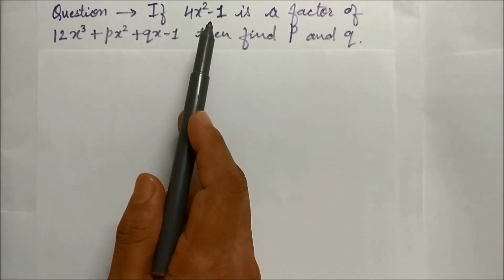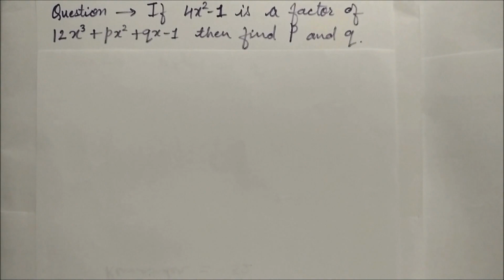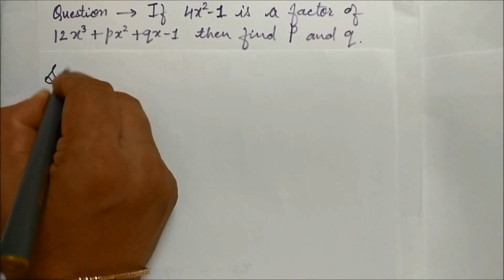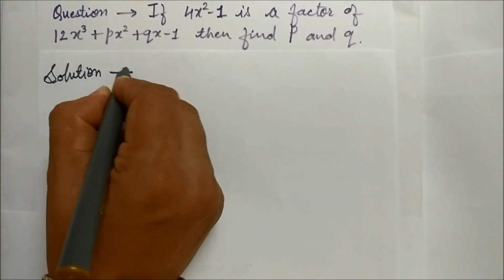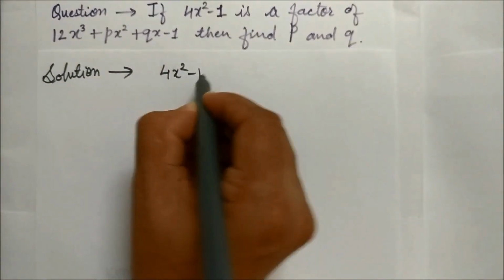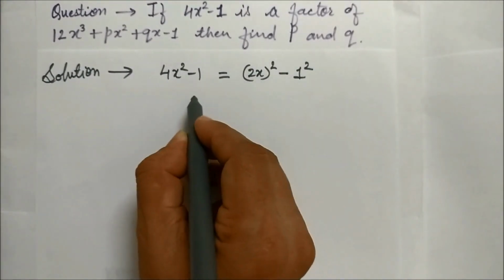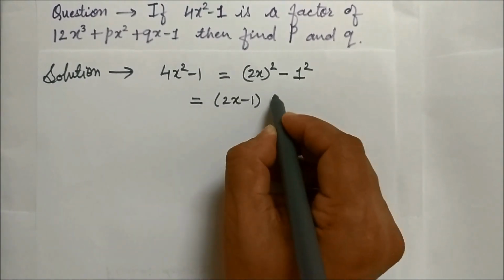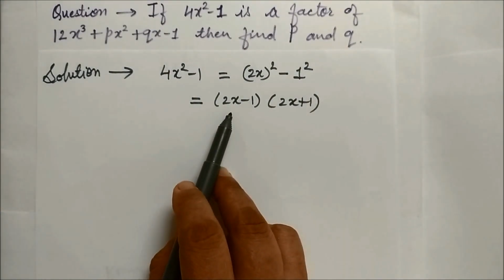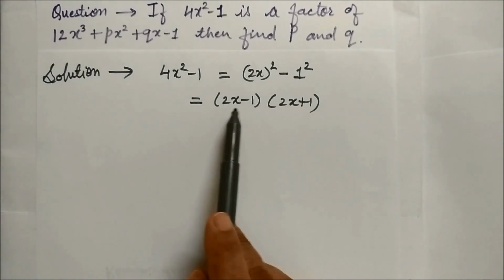Here 4x square minus 1 is a factor, and this 4x square minus 1 we can write as 2x whole square minus 1 square, and factors are here 2x minus 1 into 2x plus 1. We have two factors. It means we have to divide the given polynomial by these two factors.